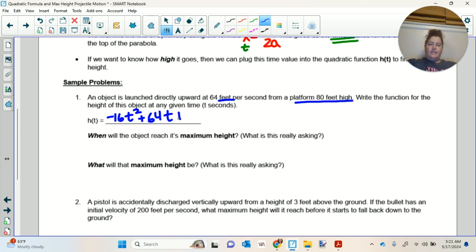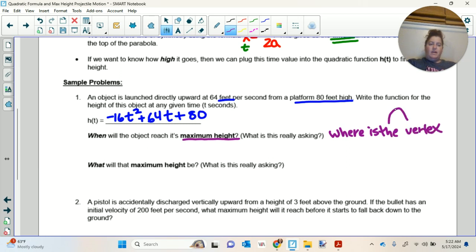So that's my starting height. So that's what my equation is going to look like. And we want to find the function of the height of this object at any given time t. That's our equation. So if we want to know the maximum height, what that's really asking is, where is the vertex, right? Where is the vertex?